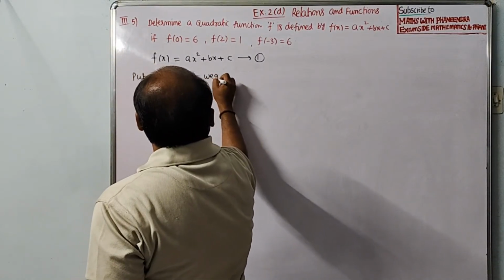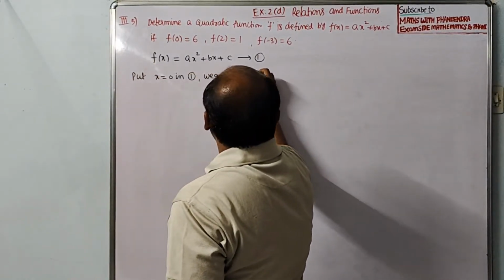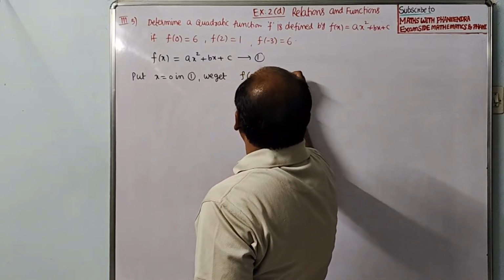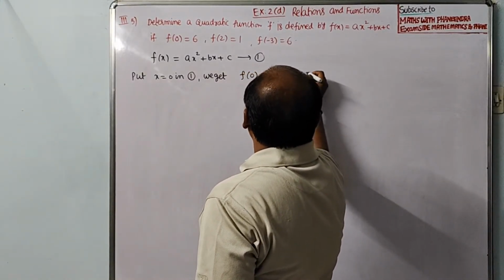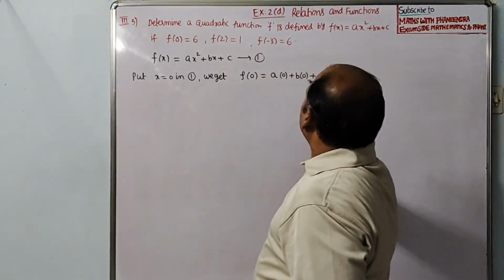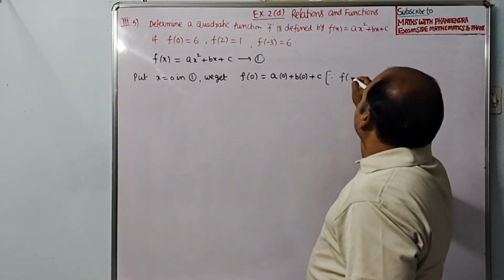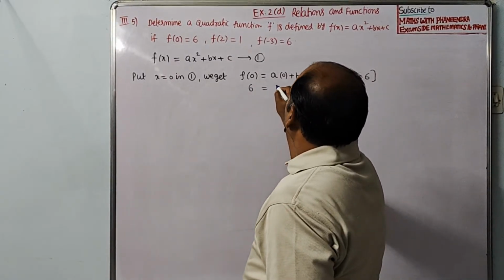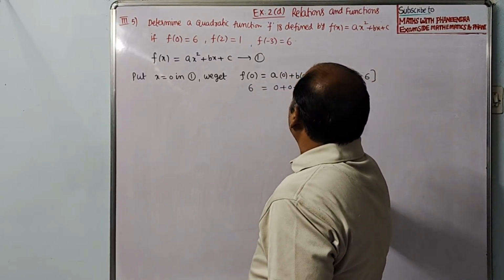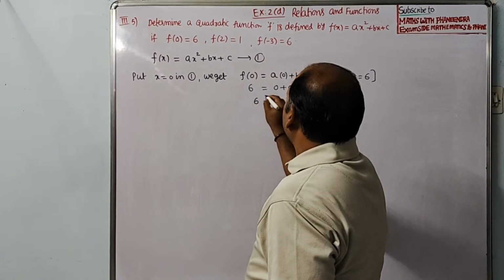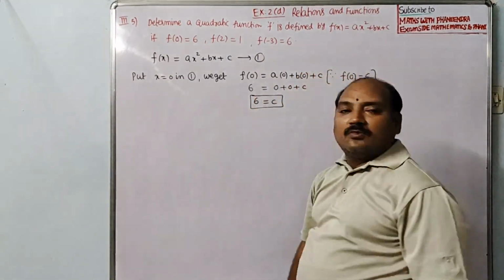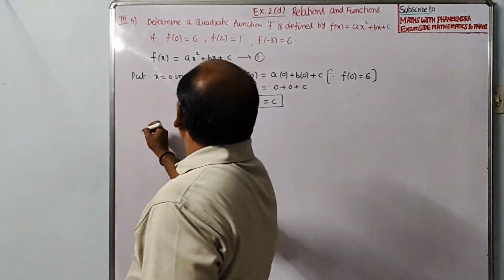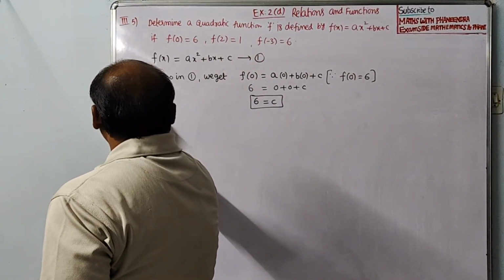We get f of 0 equal to a into 0 plus b into 0 plus c. Since f of 0 equal to 6, 6 is equal to 0 plus 0 plus c, so c is equal to 6.